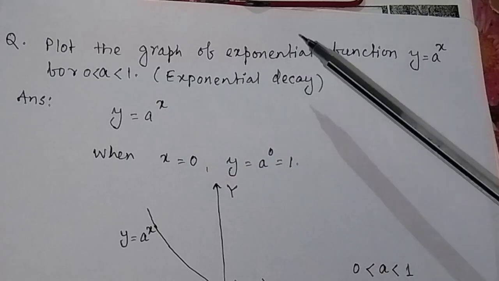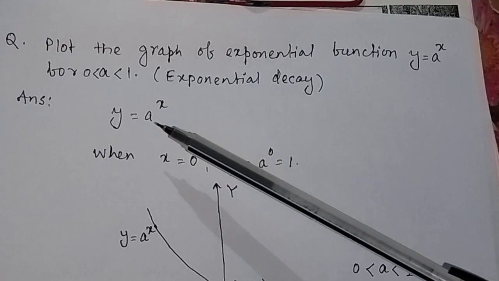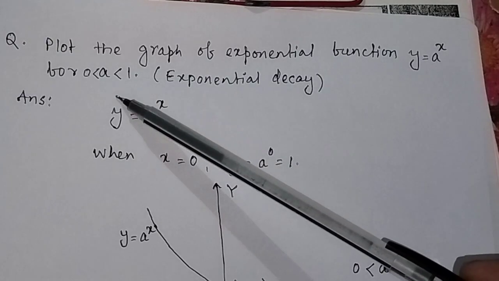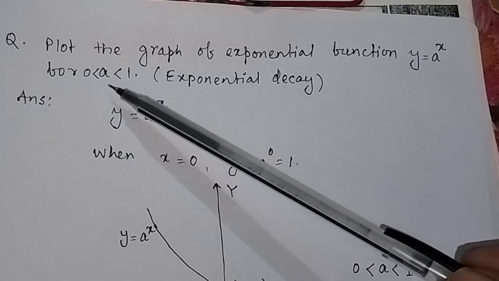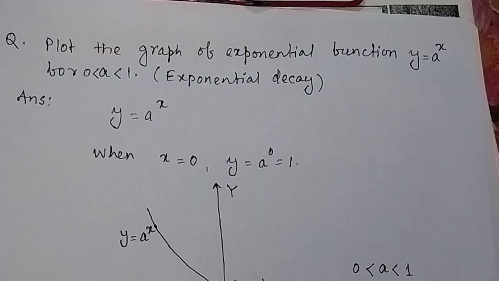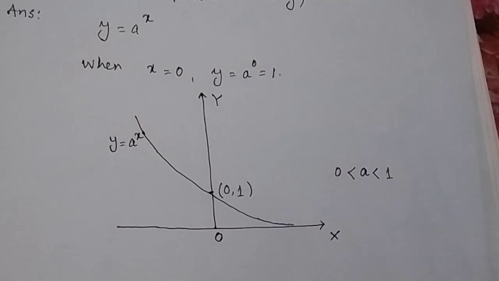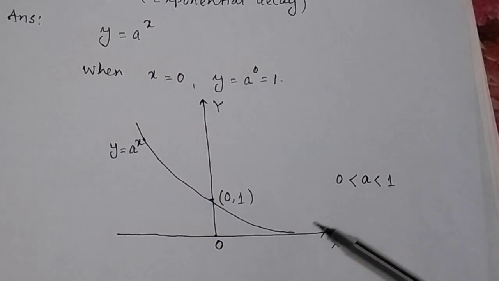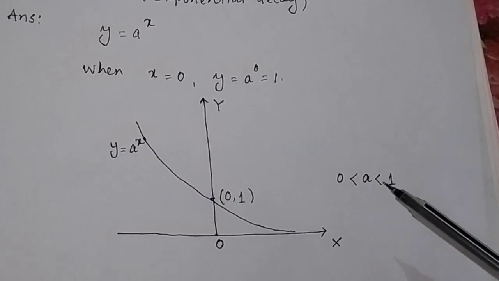Remember, the function y equal to a to the power x, I have told you, here a is greater than 0. A is always greater than 0. So sometime question will come, a is less than 1, or a lies between 0 and 1, and which is called exponential decay. And this will be the nature of the graph for a is less than 1 or a lies between 0 and 1.